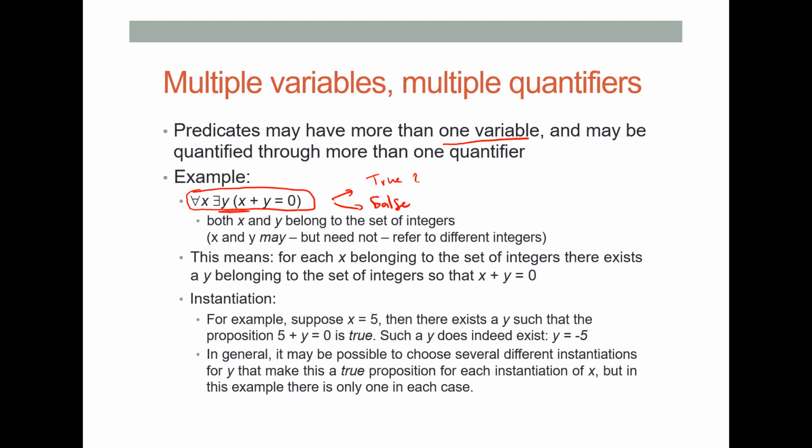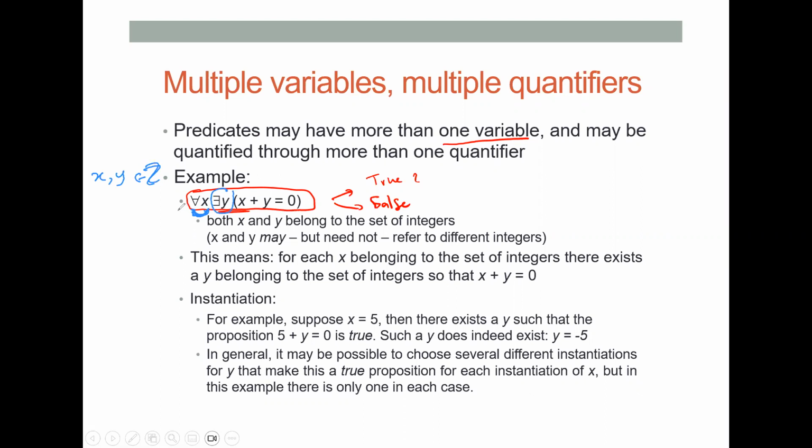This is predicate logic. How do we read it first? I'm gonna say for all X, and by the way, X and Y belong to the set of integers. So for all X, where X is an integer, there exists Y where Y is an integer.